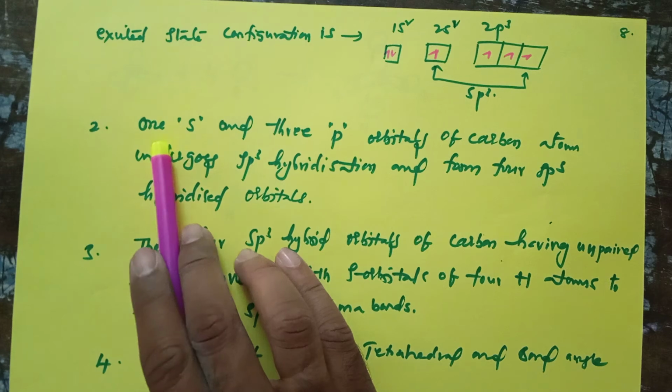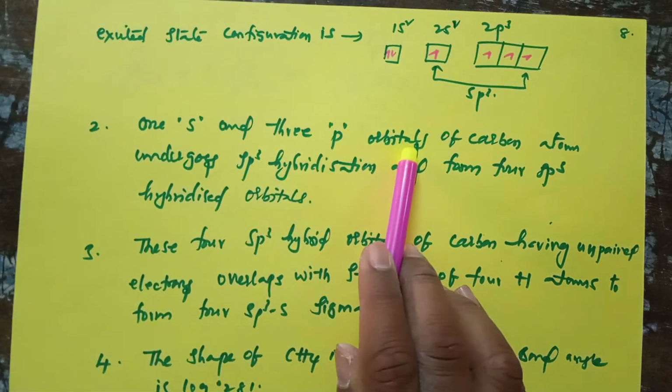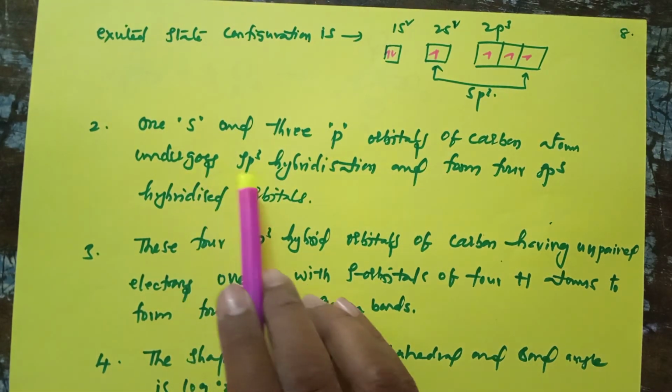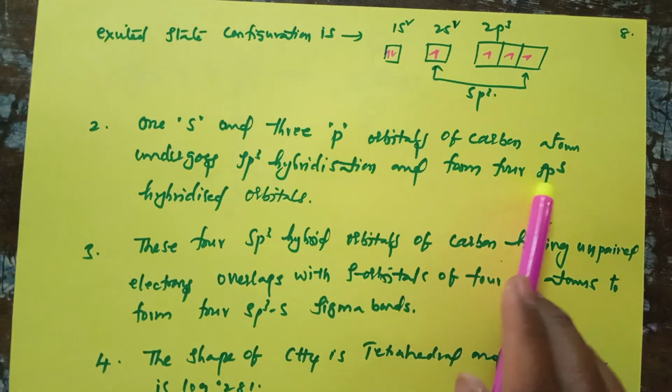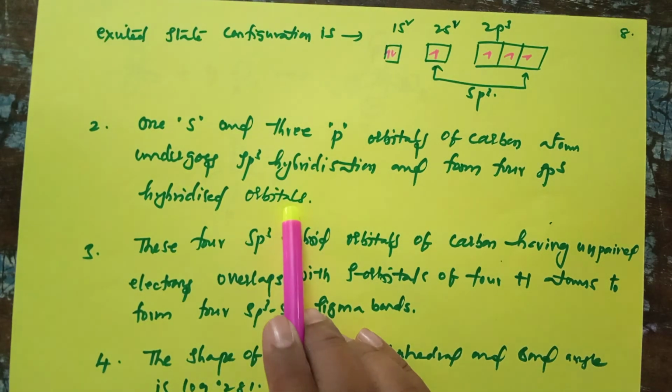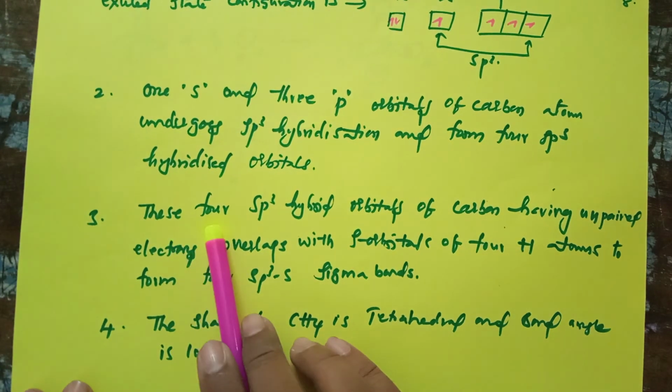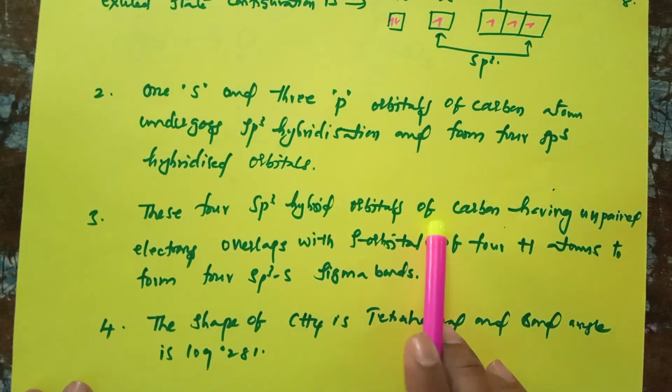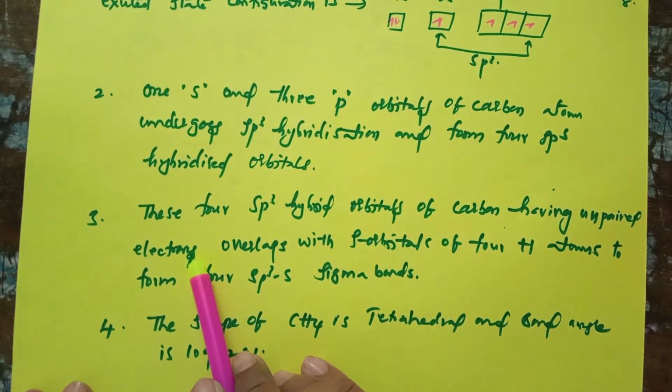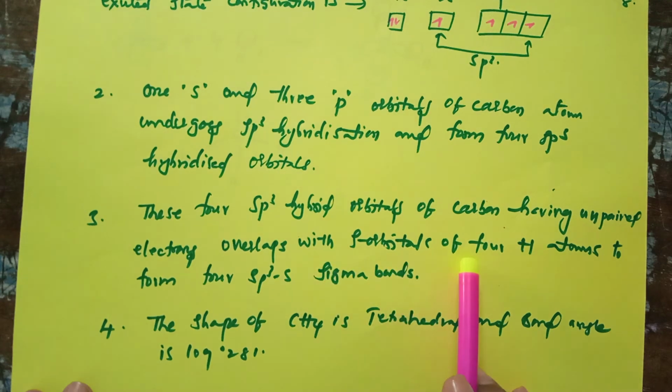The one s orbital and three p orbitals of the carbon atom undergo sp3 hybridization and form four sp3 hybrid orbitals. These four sp3 hybrid orbitals of carbon, having unpaired electrons, overlap with the s orbitals of four hydrogen atoms to form four sp3-s sigma bonds.